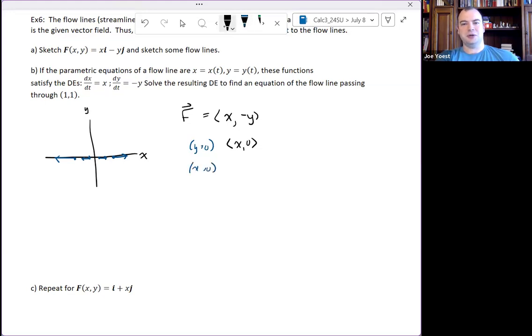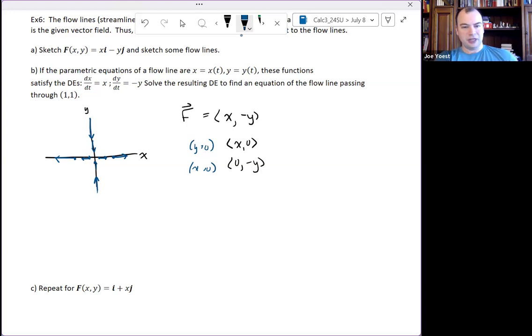For x equals 0, what do I have? (0, negative y). So here, when I'm on the positive y-axis, I'm pointing down. And when I'm on the negative y-axis, I'm actually pointing up.